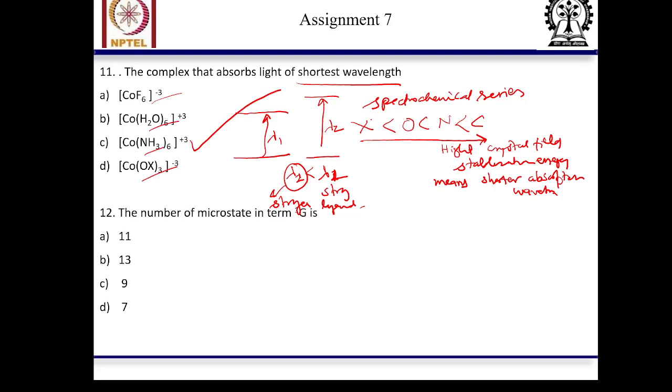Now the number of microstates for the 1G state is, how many microstates will be there in 1G state? I'll just wait for a few seconds. If you can answer, it's fine.